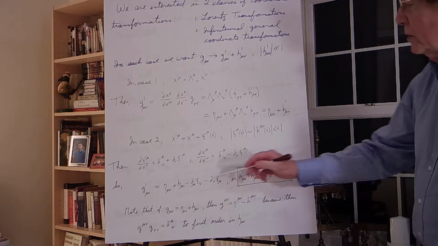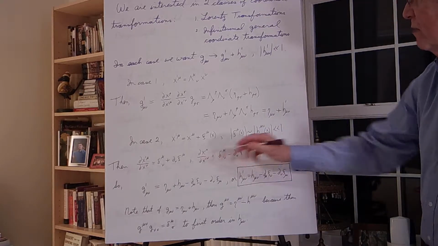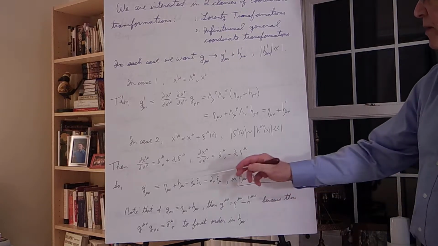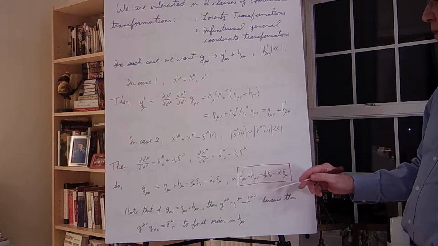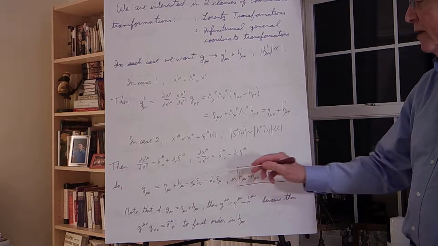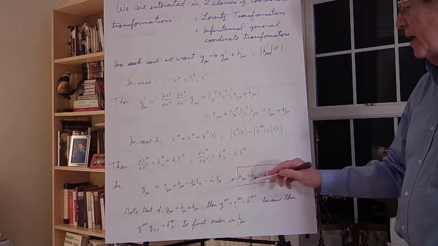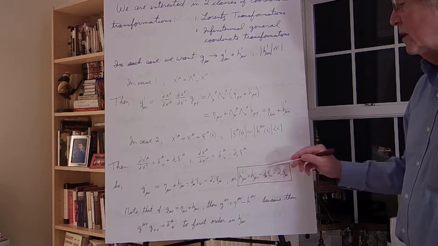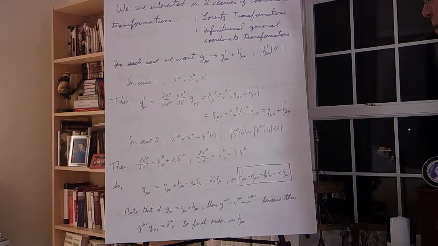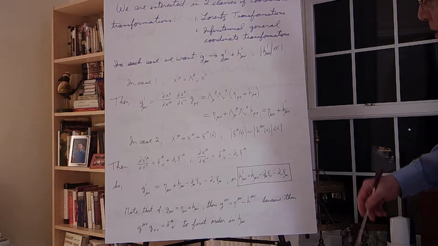So I can plug these derivatives into my transformation law for the metric and get the new metric in terms of the old metric. So I see that g prime is equal to the old metric, which is eta plus h, and a change. And the change you see is this collection of derivatives of chi. Okay, so that's simple.